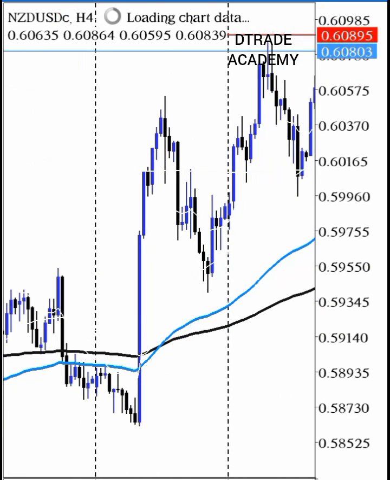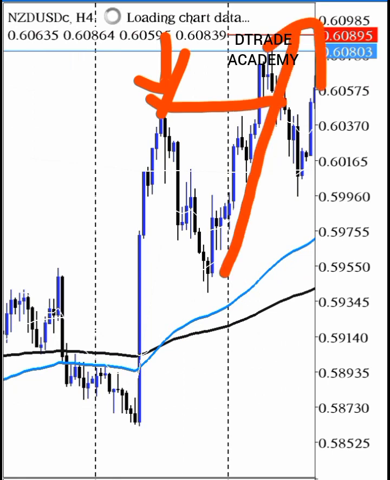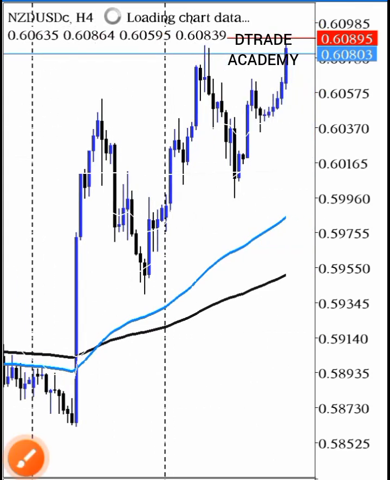For an uptrend, this is the next high. Mark this high, then wait for price to break through the high. Always make sure that you mark the high all the time. Make it a habit, because it will allow you to flow with the market direction and you will hardly face losses.